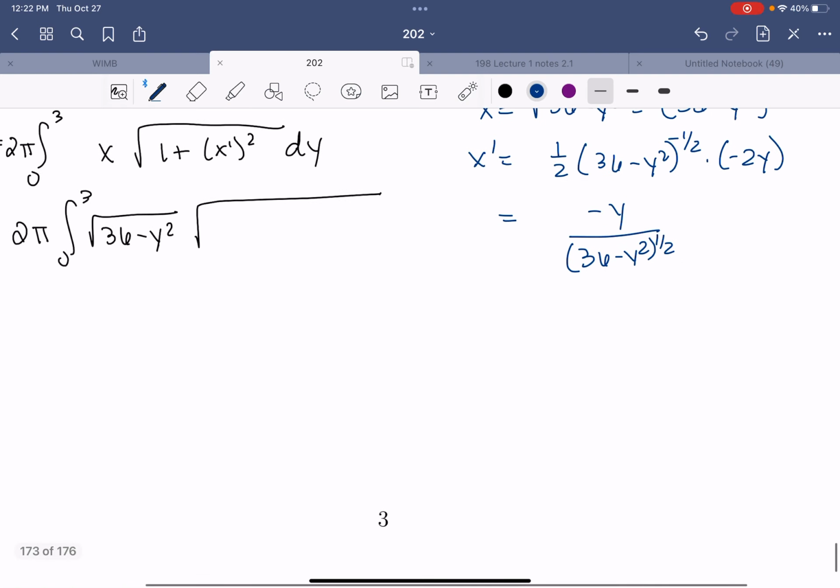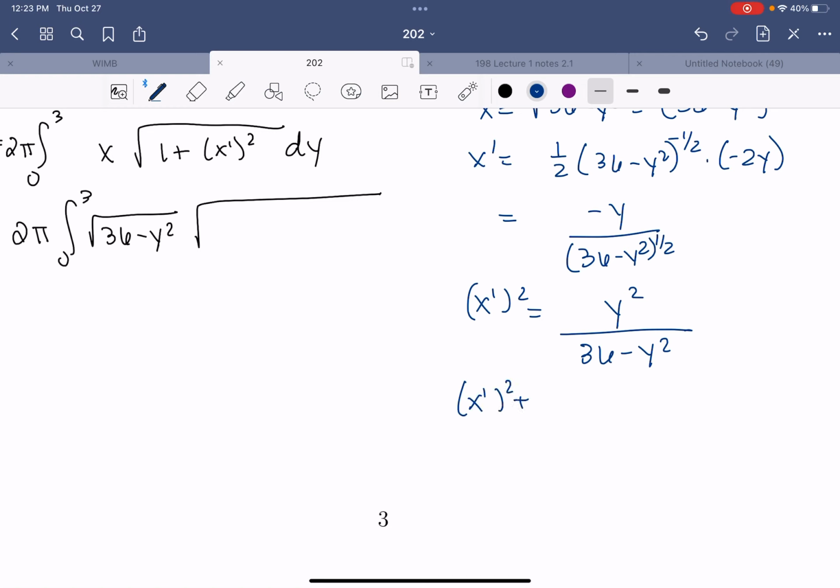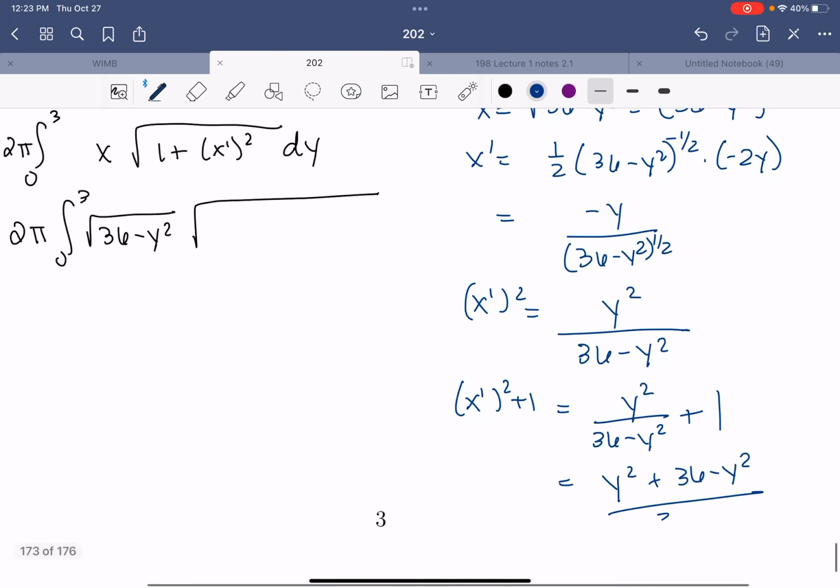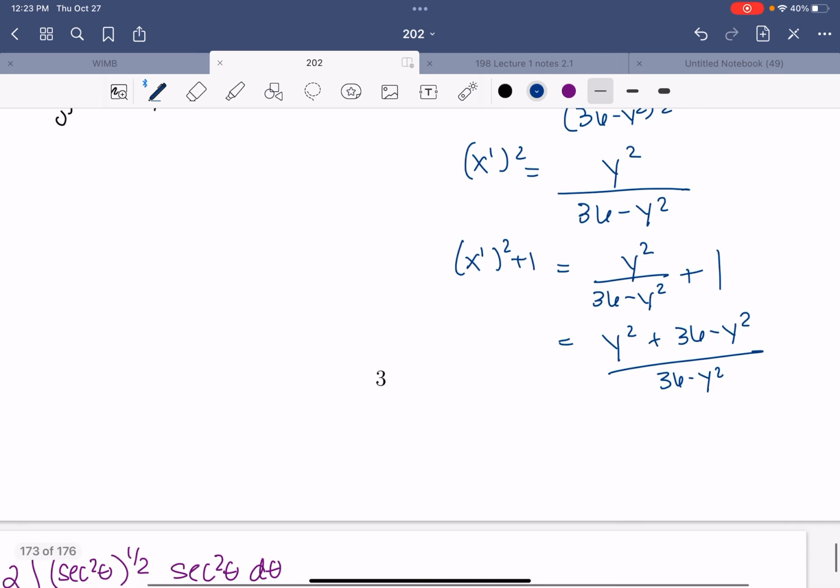Now we're going to square that. And that gives me y squared over 36 minus y squared. We're going to add 1. And that is y squared over 36 minus y squared plus 1. Getting common denominators here, you're going to have y squared plus 36 minus y squared all over 36 minus y squared.